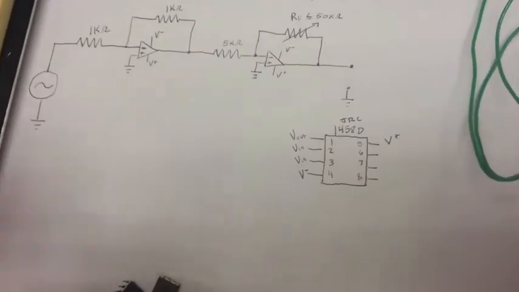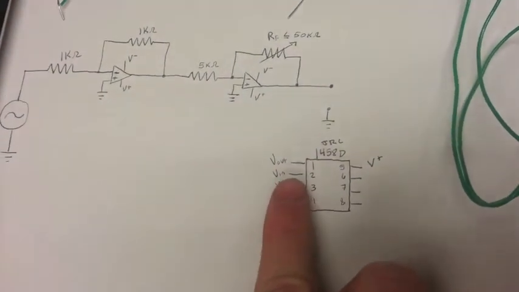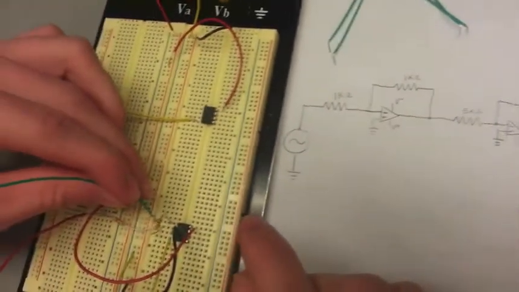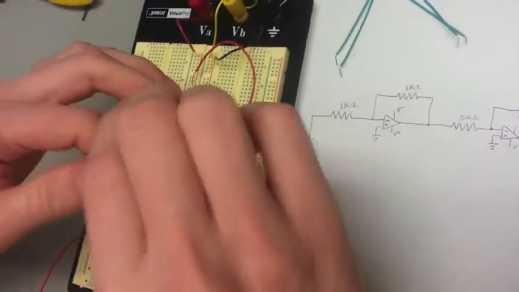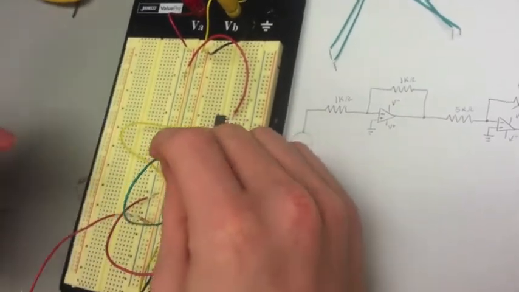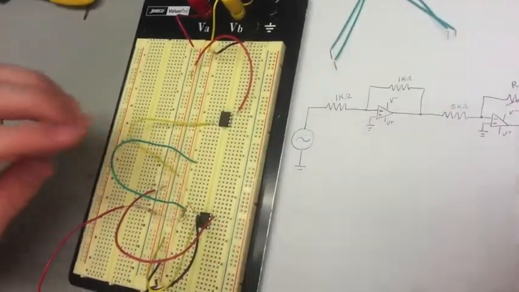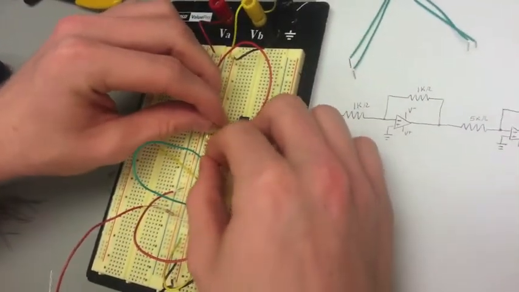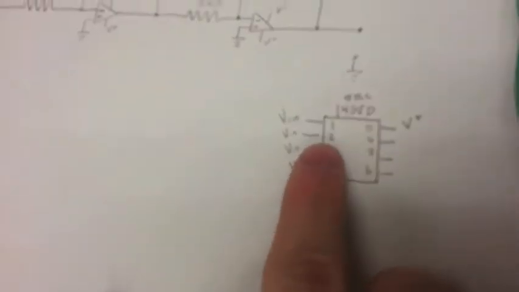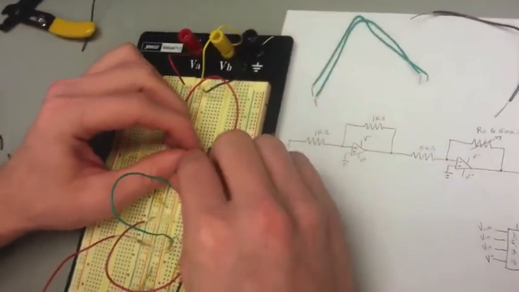So we take our wire, and we go to pin 1 of the first op amp, and just run it to a random place in the board that's not on the rails. You then take your 5 k ohm resistor, and you run it on the same rail as that green wire into the input of the second op amp, which is pin 2.